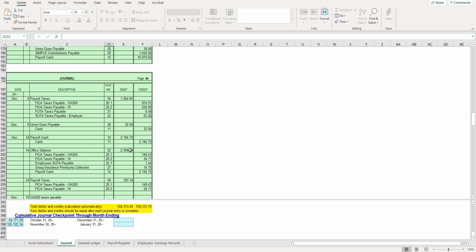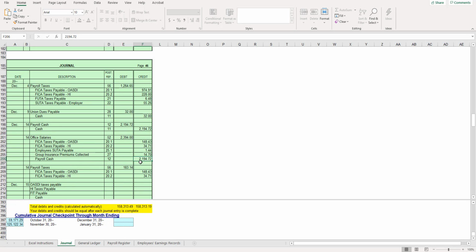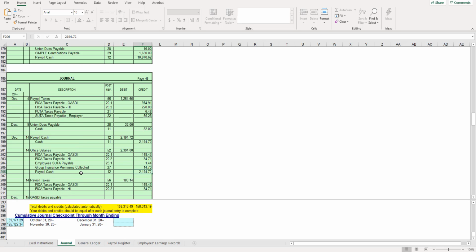She was an office salary, so it goes there. And then this is the items withheld from the employee's check. And then the net pay ends up being your credit to your payroll cash. Then you also need to record the payroll tax journal entry after that payroll from the 14th. These are the employer taxes on her behalf, which only ended up being the 2 components of FICA taxes.